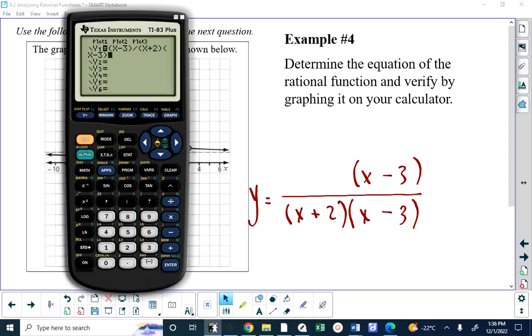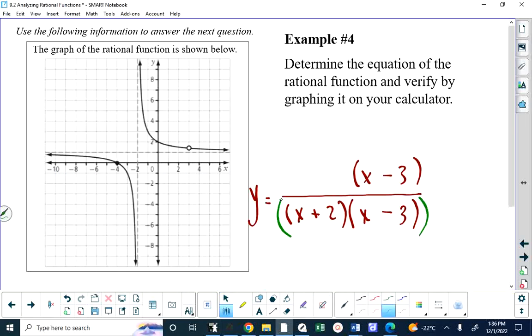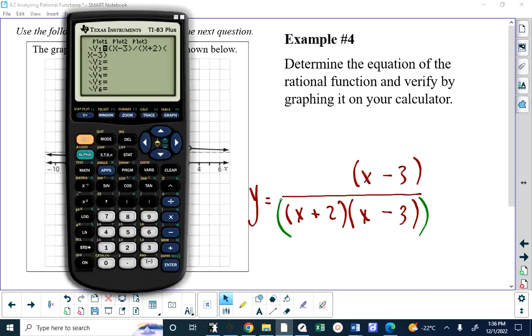I need to put another set of brackets when I enter this here. Or FOIL it out and put one set of brackets, but that's a waste of time. So I've got x minus 3 over x plus 2 times x minus 3.